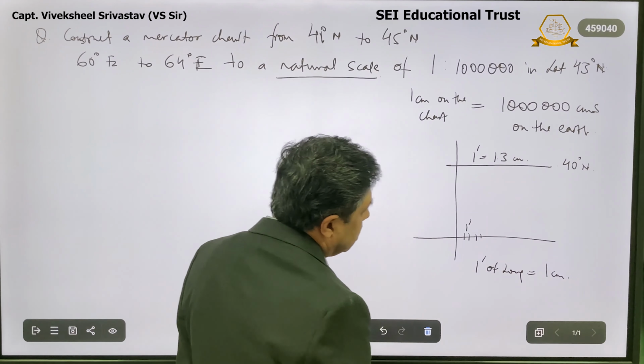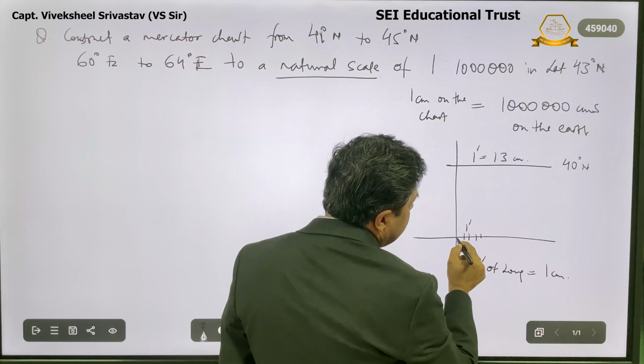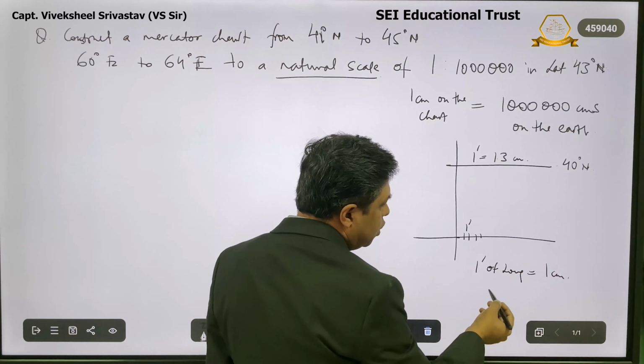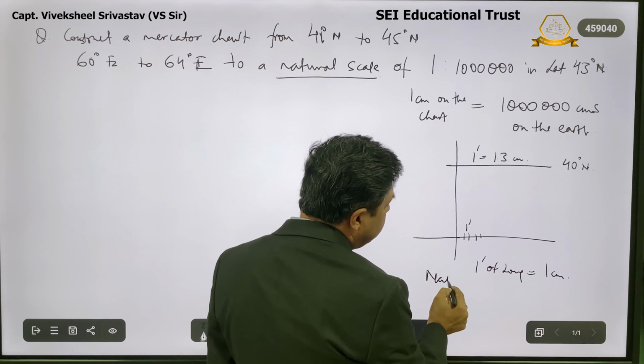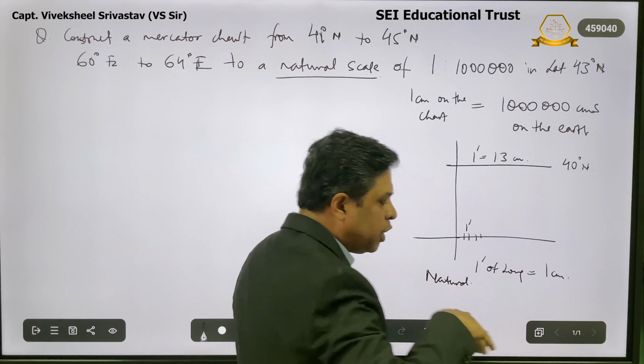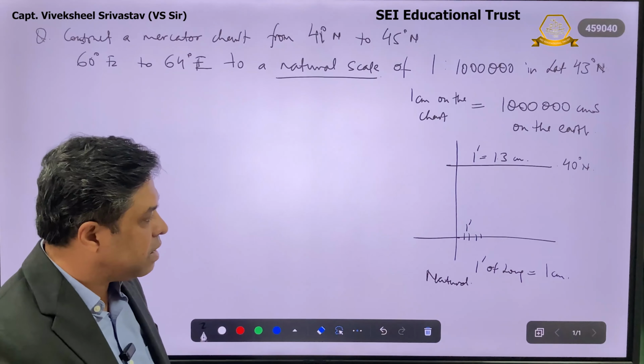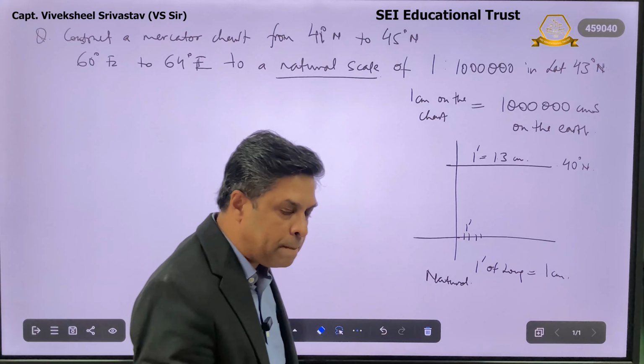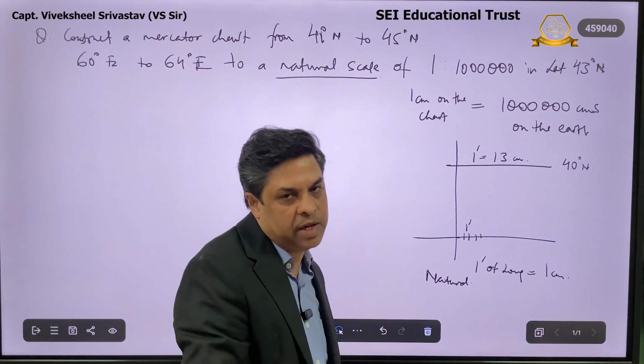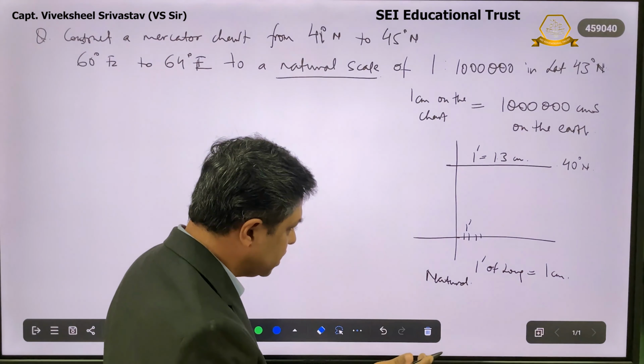So on the equator, in our last assumption, what would be the natural scale? You can assume the longitude scale first and come down to the natural scale, or you can have a natural scale first and derive your longitude scale from the natural scale. You can do it both ways.